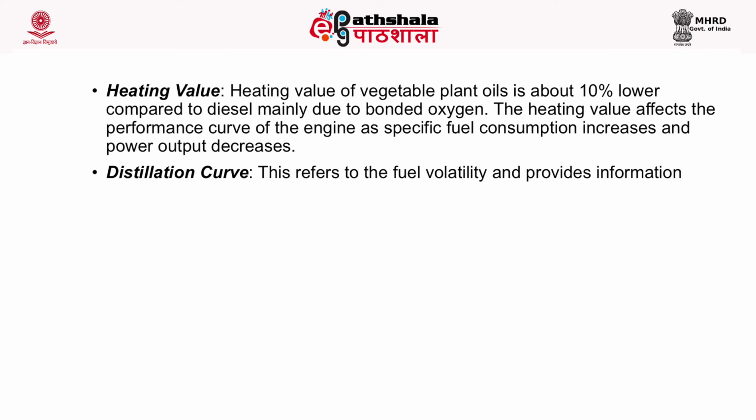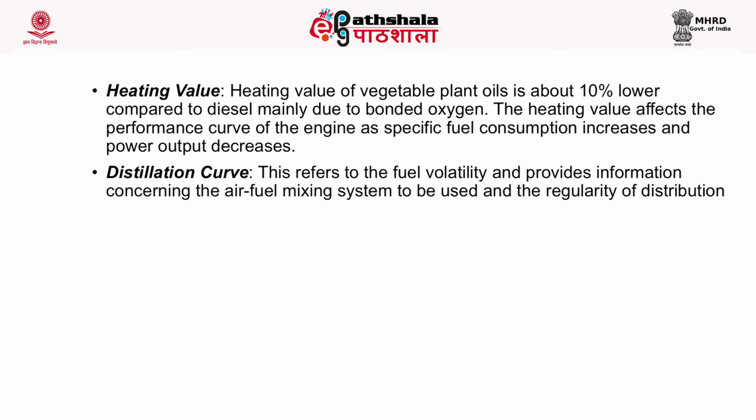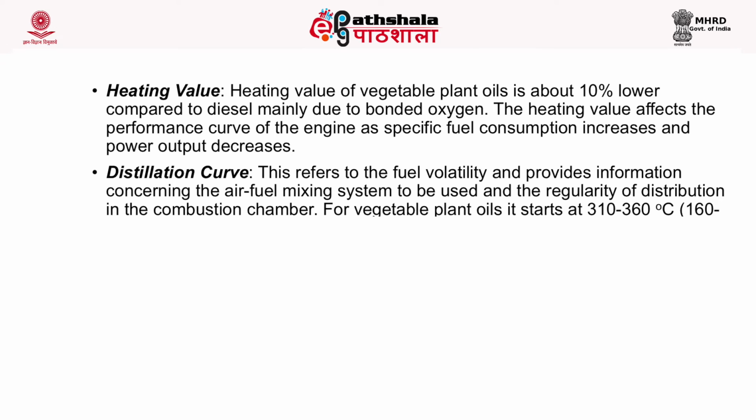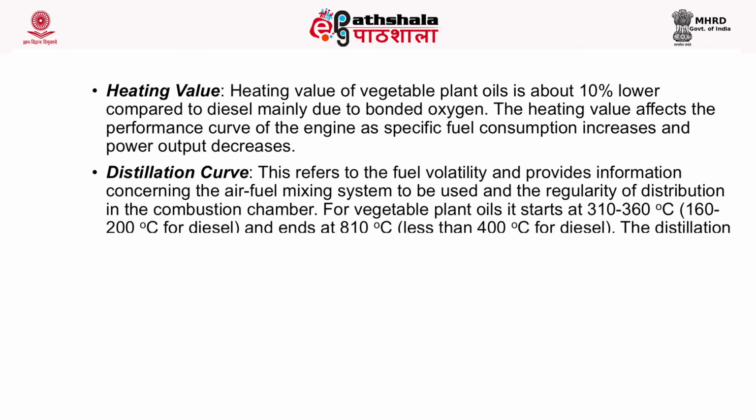Next is the distillation curve. This refers to the fuel volatility and provides information concerning the air-fuel mixing system to be used and the regularity of the distribution in the combustion chamber.